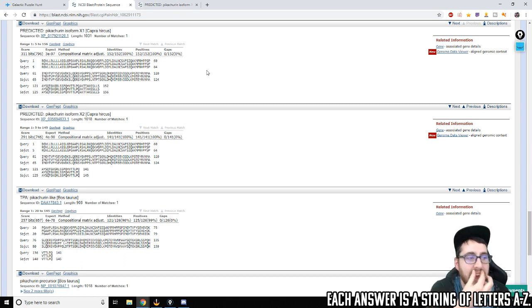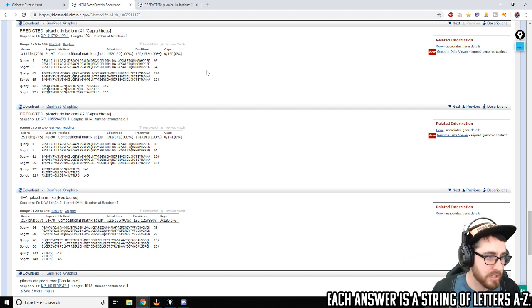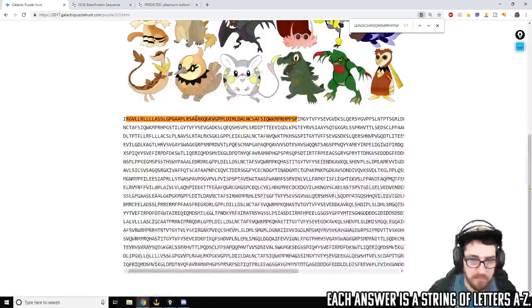So now, what does that mean, team? Okay, so we gotta think. That equals the Pikachurin isoform X1. The Capra hircus. So we have a thing.